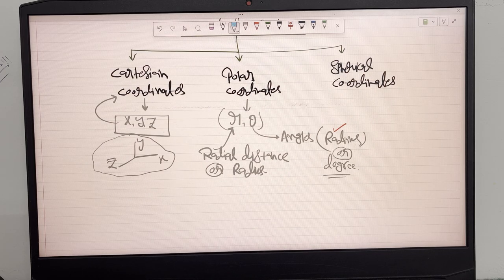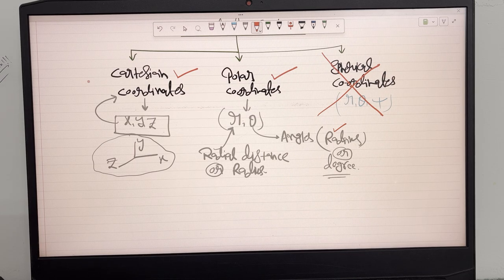Then spherical coordinates have r, theta, and something called phi. But we are very lucky that we do not have to study spherical coordinates in our GATE syllabus. The GATE syllabus is only about the Cartesian coordinates as well as the polar coordinates.